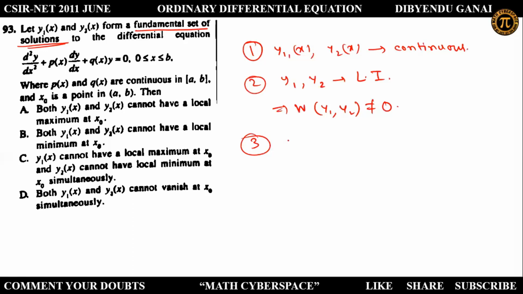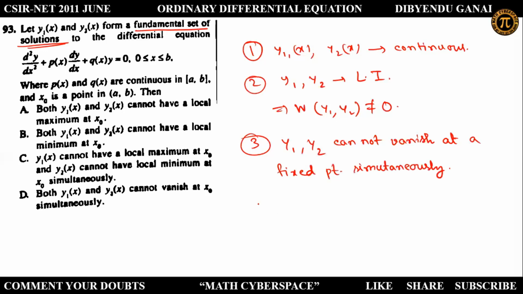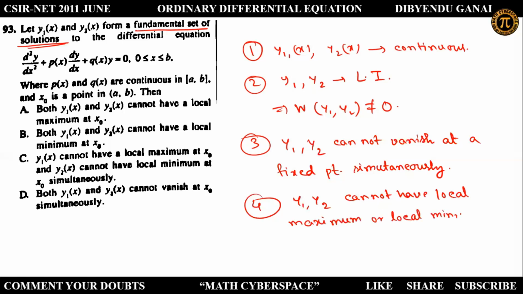Property 3 is y1, y2 cannot vanish at a fixed point simultaneously. And property 4 is y1, y2 cannot have a local maximum or local minimum at a fixed point, right? So these are 4 properties of a fundamental set of solutions.